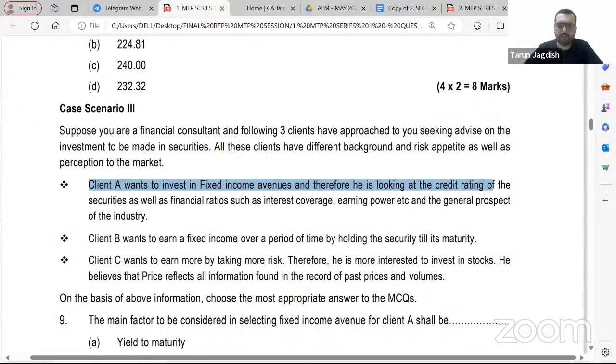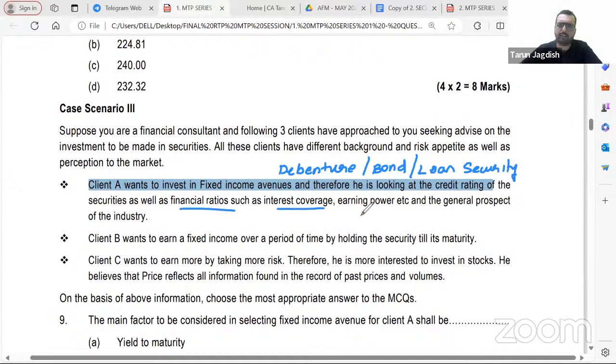Friends, when you say fixed income revenues means it is something like debenture or bond or any loan security. You're issuing loan, okay? As well as he checks the financial ratios such as interest coverage ratio, earning power, etc. So this is something what banks normally do. Am I right?